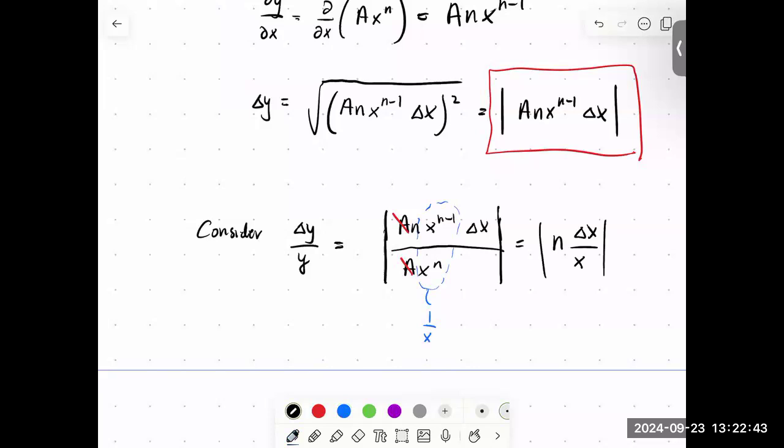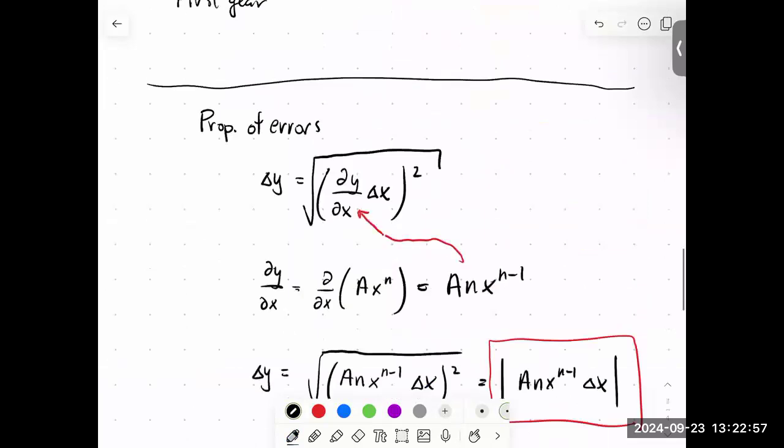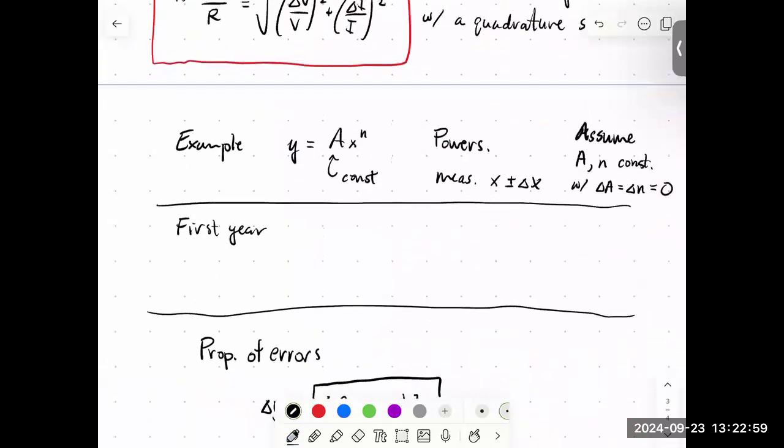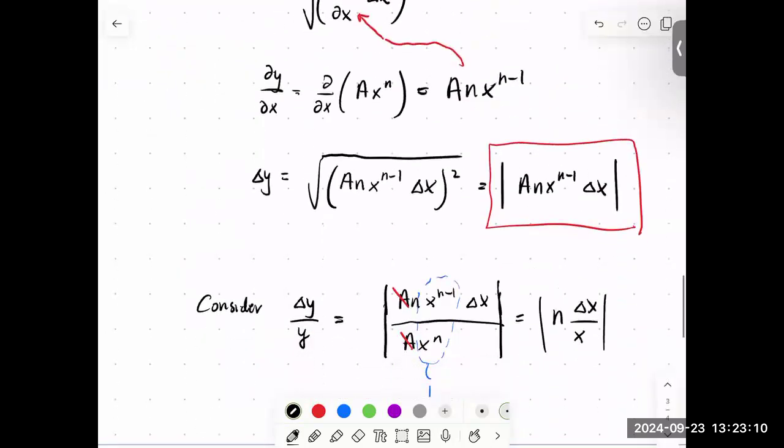And that was the first year rule that you were given. If you had a power, the fractional error in y is given by the fractional error in x times that power. And in this case, our answer was exactly equal to this.